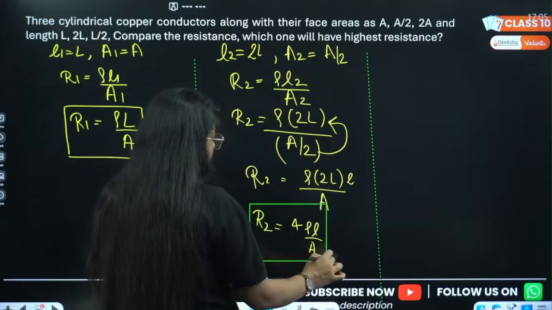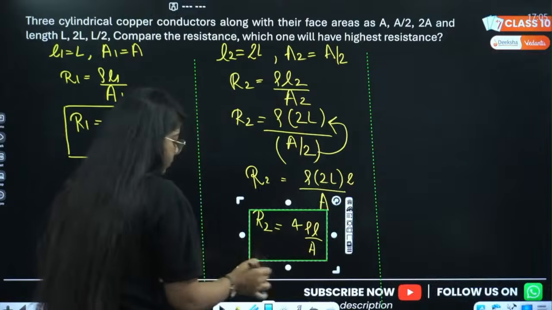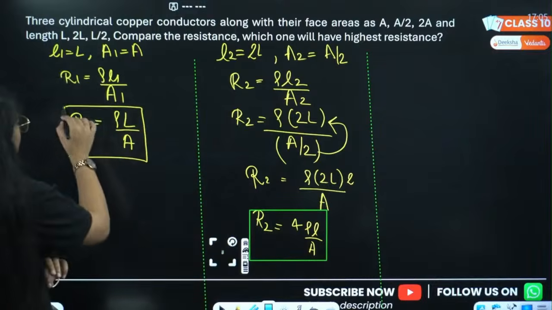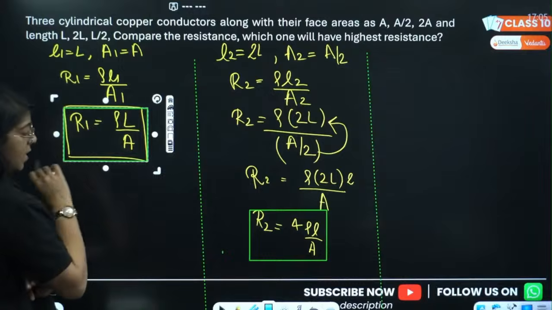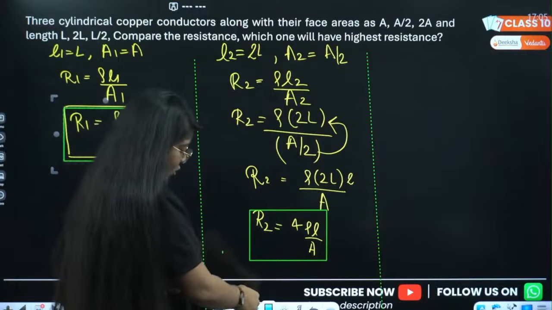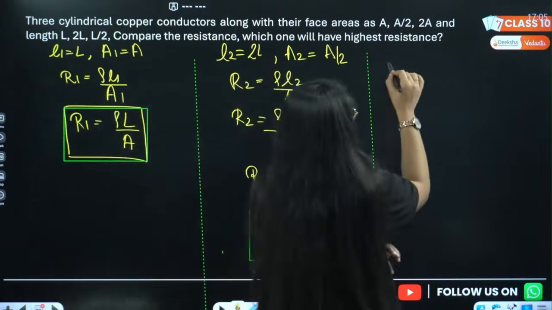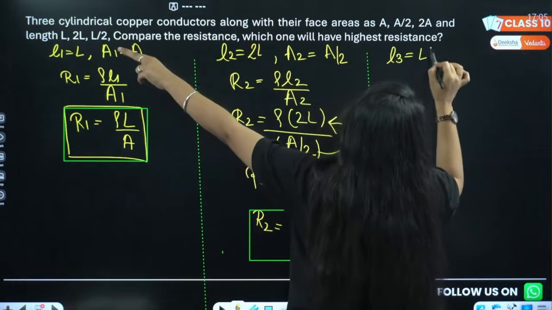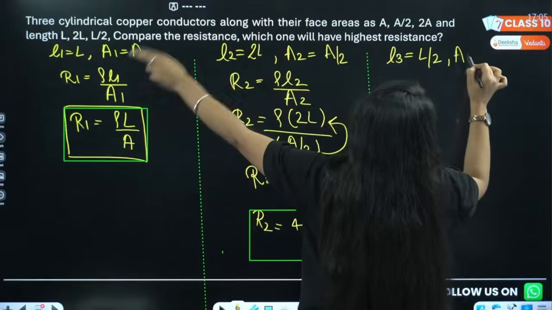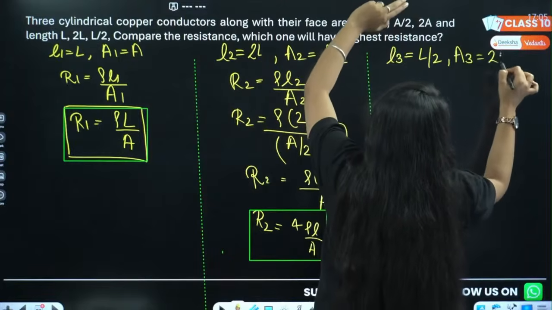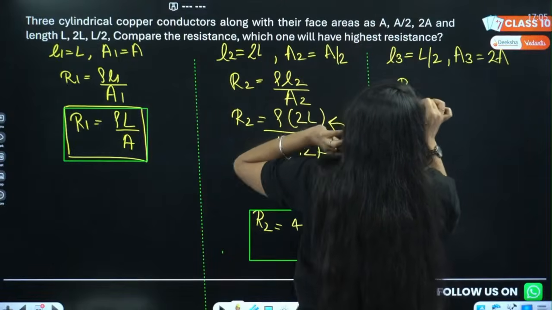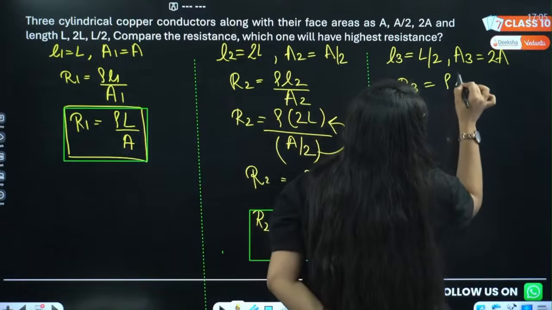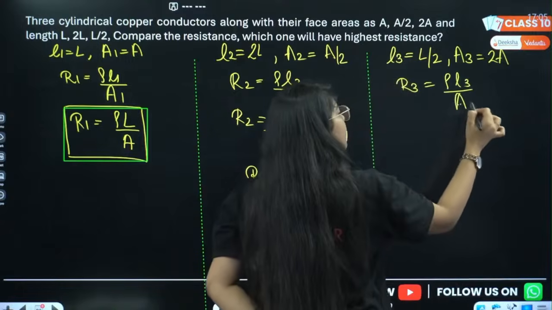Okay? This second answer has come, and this was our first answer as R1. Understood? Chalo. For the third case, L3 is L by 2 and A3 is 2A. Correct? So R3 will be rho L3 by A3.